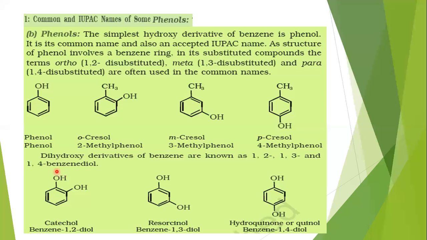Now in this example, dihydroxy derivatives of benzene are known as benzene 1,2-, 1,3- and 1,4-diol. In this example, this is first, this is second. The first carbon and second carbon both contain hydroxyl groups.